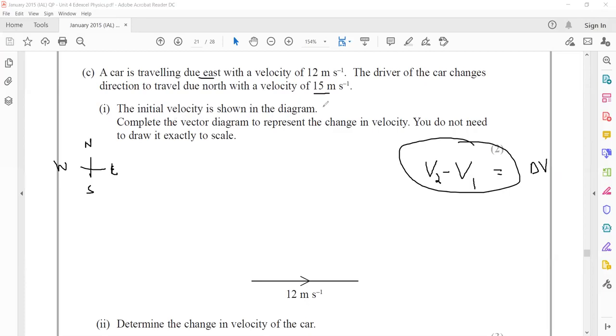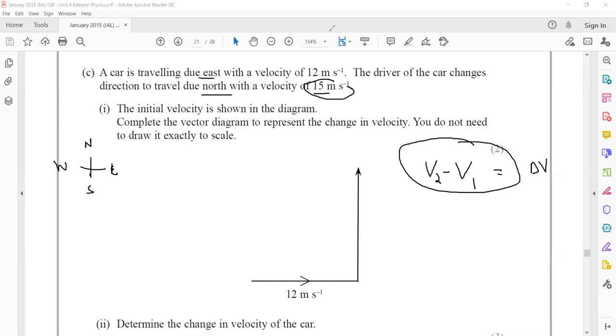So we'll draw the second vector. What is the direction of the second vector? It is due north, 15 meter per second. This is a vector addition rule.